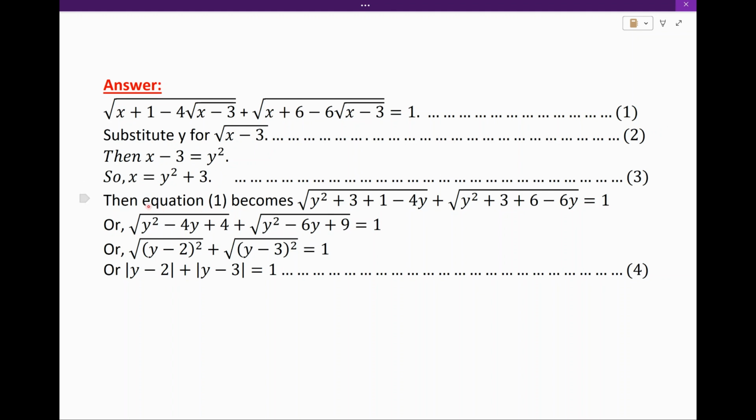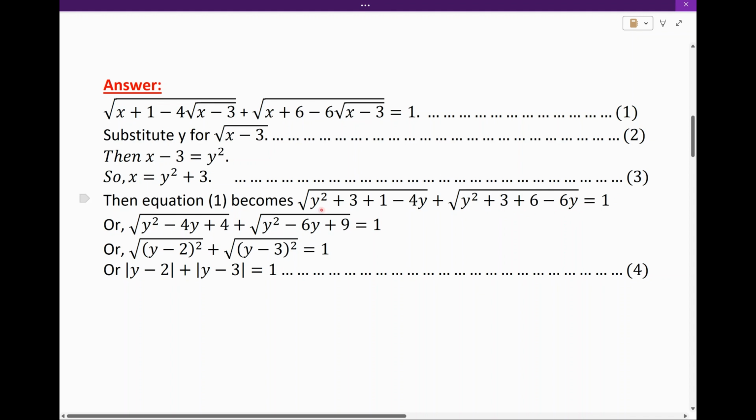Then equation 1 becomes, in place of x we are putting y squared plus 3 in the first term: square root of y squared plus 3 plus 1 minus 4y, plus, similarly in place of x we are putting y squared plus 3, 6 appears as it is, and then minus 6y, and that is equal to 1.